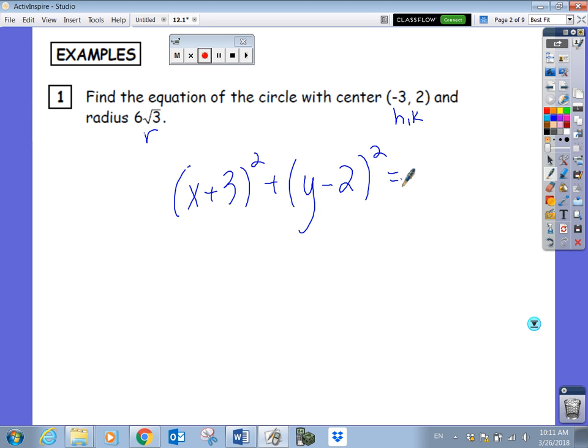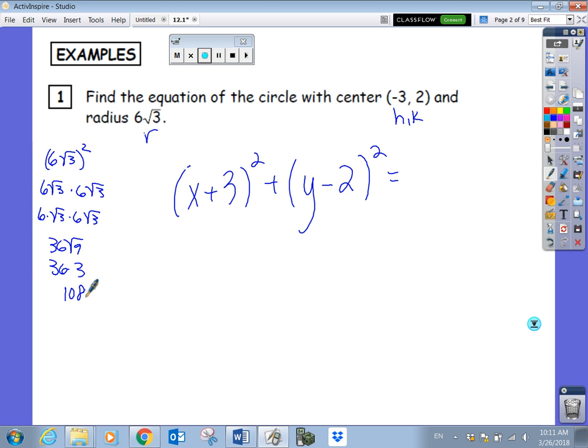Some of you are still really struggling with squaring things. 6 root 3 squared means 6 root 3 times 6 root 3, which is basically 6 times root 3 times 6 times root 3, which is 36 times the square root of 9, which is 36 times 3, which is 108.